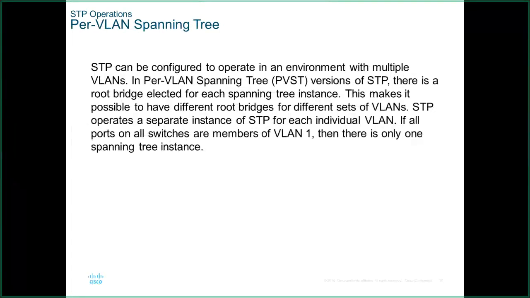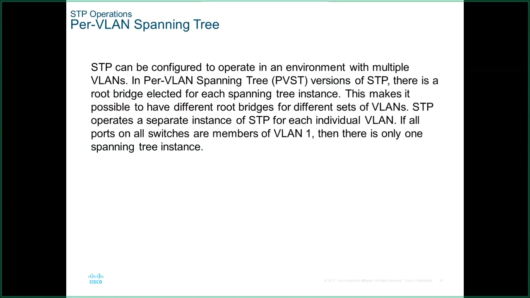By creating a different spanning tree instance for each VLAN we are running, we can force different VLANs to use the redundant links at different times. So we can manually load balance across our uplinks to make use of our redundant paths so that not all traffic is going down the same path at the same time.